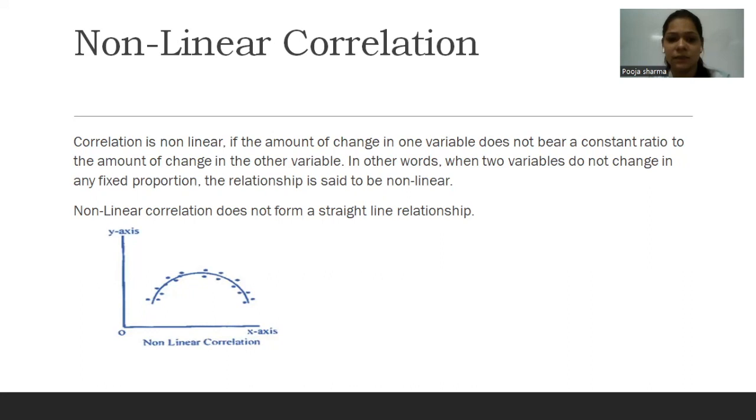If you draw a graph between the two variables and it comes out to be non-linear or curvilinear, that is known as a non-linear correlation, and these variables change with not a constant ratio.